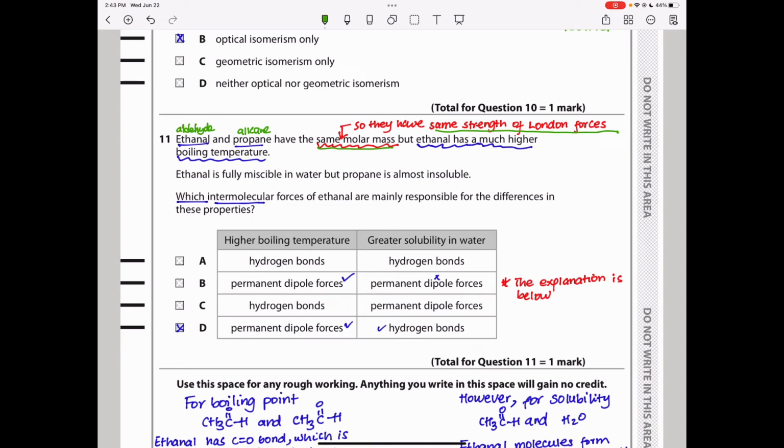So there is another property they tell us here. Ethanol is fully miscible in water, but propane is almost insoluble. Now again, to be soluble in water, we need to be able to form intermolecular hydrogen bonds with water. And as you know, an intermolecular hydrogen bond is going to be between a dipole and the other side. There is a dipole here and a lone pair. So we need a lone pair, we need a dipole.